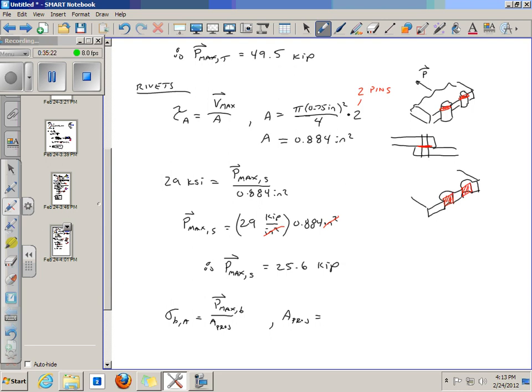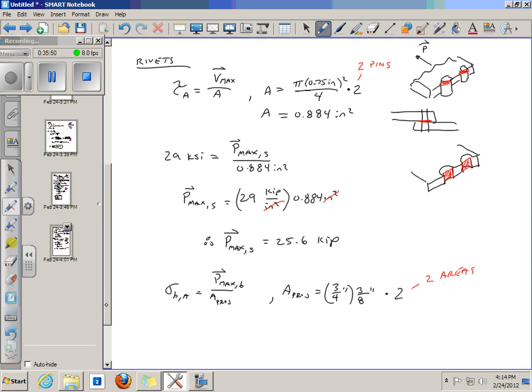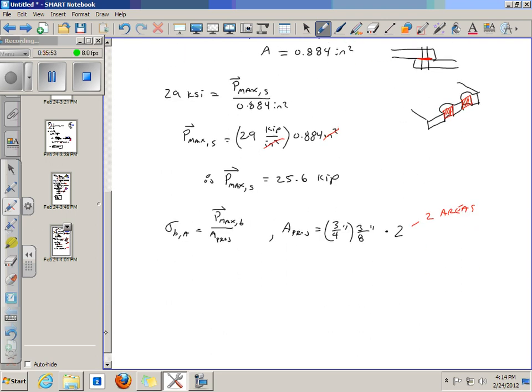So our projected area is the diameter of the hole of the pin, 3/4 inch, times the thickness of the plate, but times 2, because we've got two projected areas. Those two projected areas are sharing the force that's causing a bearing stress.